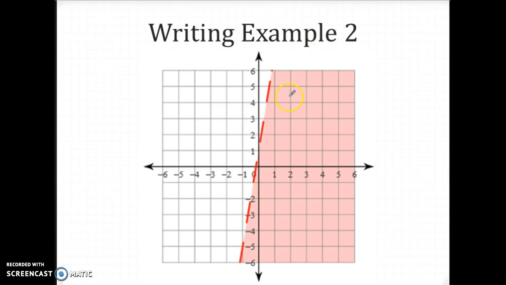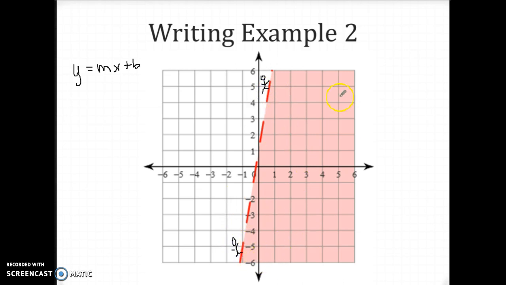Another example. Looking at this one, again, we need to identify our equation in slope-intercept form. If we start with our shading, it's a little bit harder to see because it's not as clear what's below the line. But if you think of this as being a really, really steep teeter-totter, somebody would be sitting here and somebody would be sitting here.